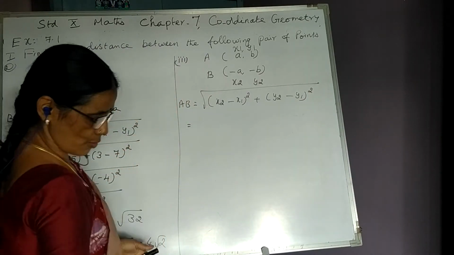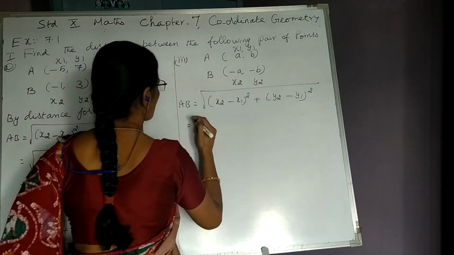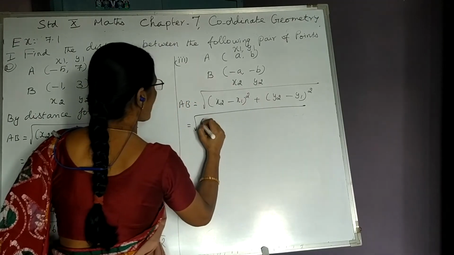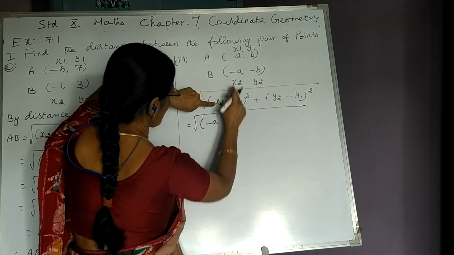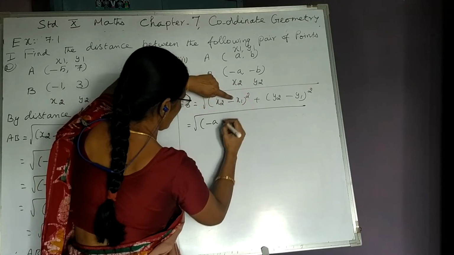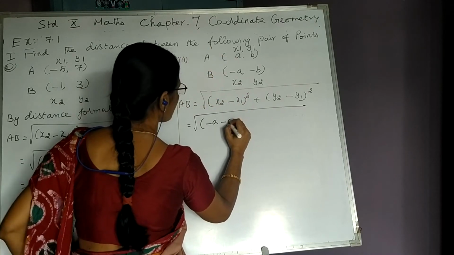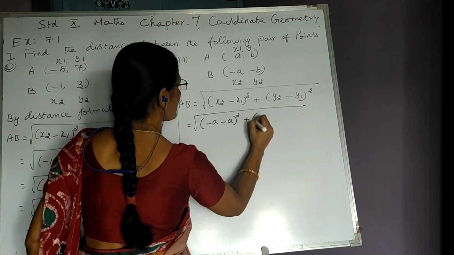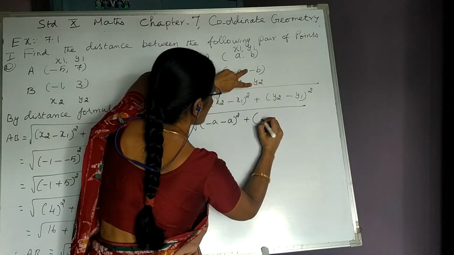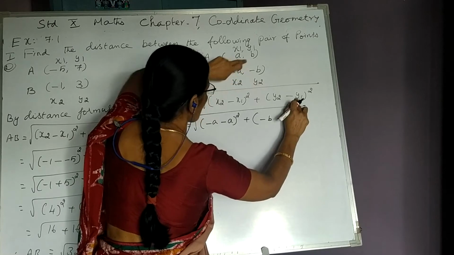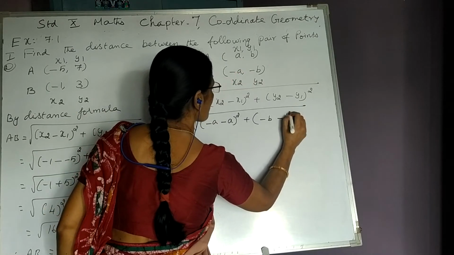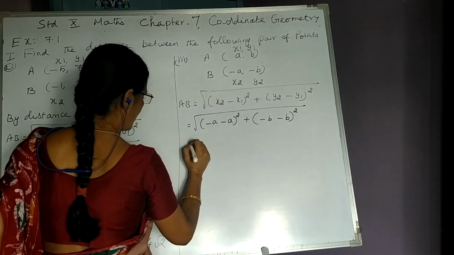Substituting the values of x2, which is minus A, this minus x1 is A whole square plus y2 value is minus B minus y1 value is also B the whole square.